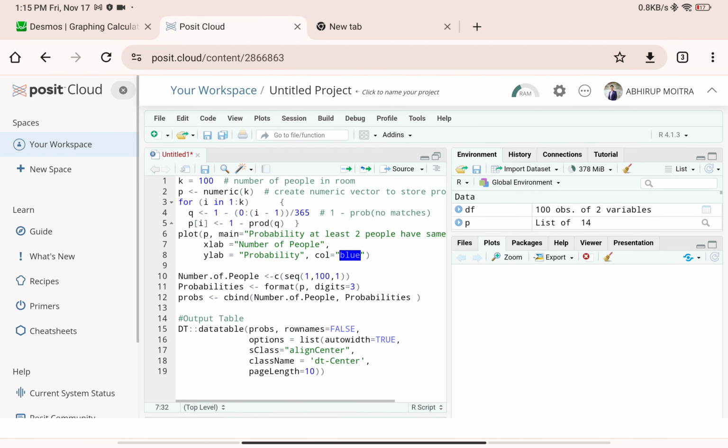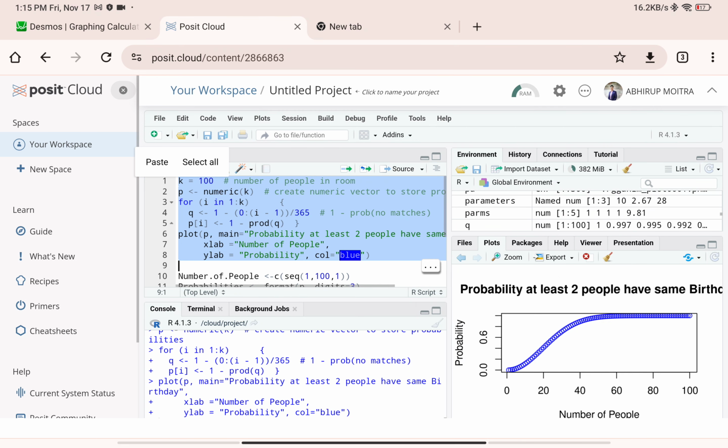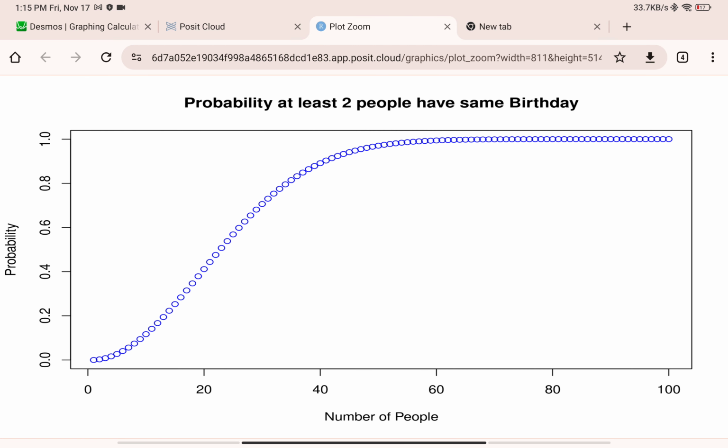So if we run the entire thing, control enter, and let me zoom in. You see, this is the probability that at least two people have the same birthday, and the x coordinate is the number of people.